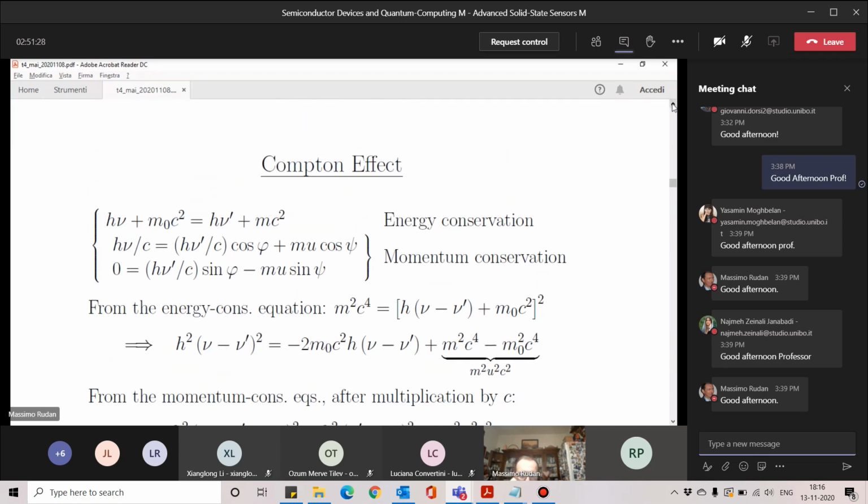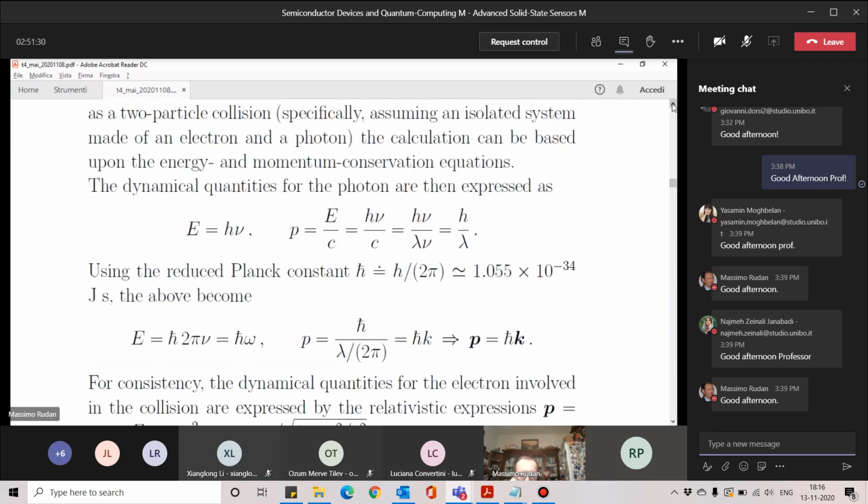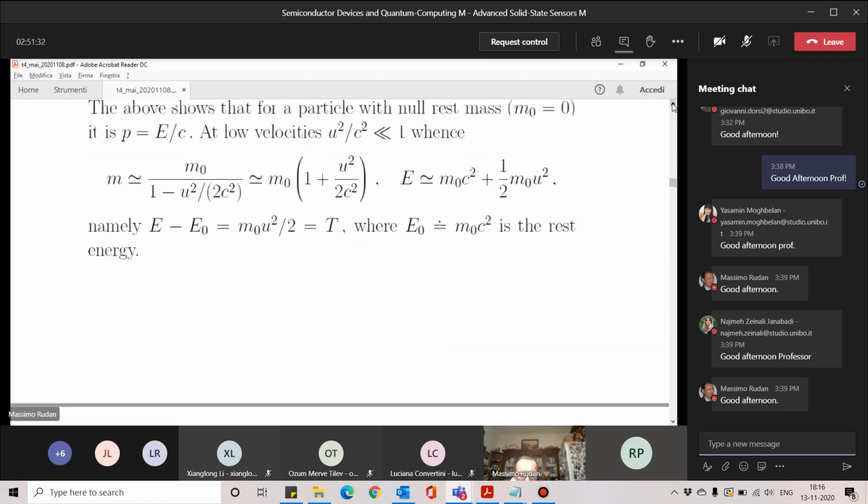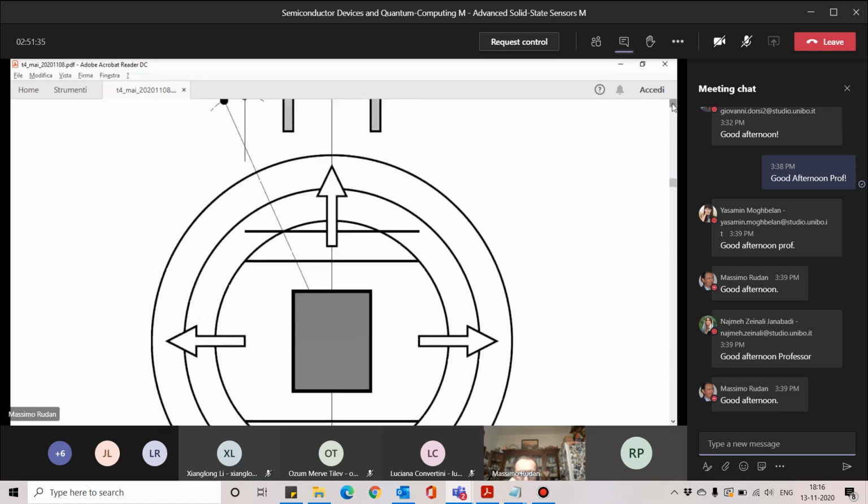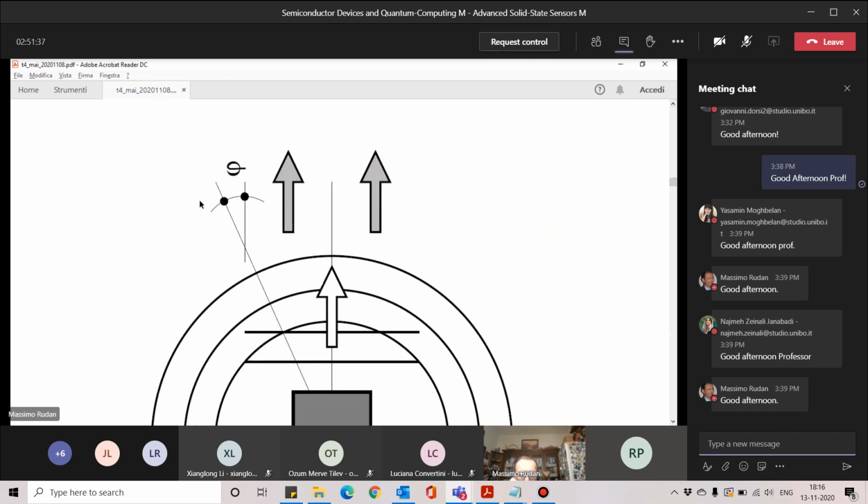That is exactly what we detect in the experiment. You remember, in the experiment, we detect the frequency of the photon, or the variation of the frequency of the photon with respect to the initial frequency, as a function of the angle by which we measure the radiation.